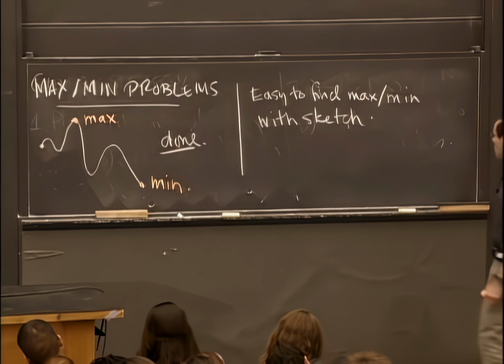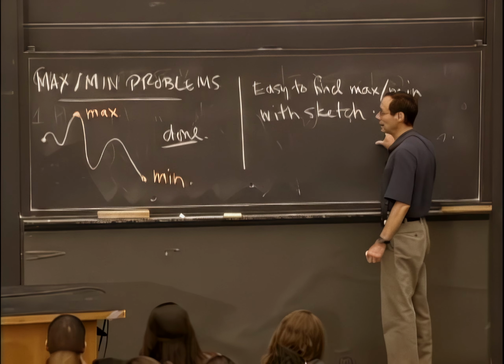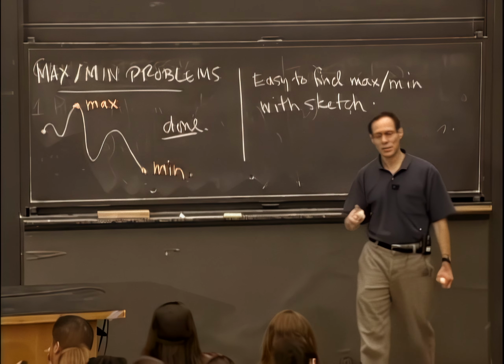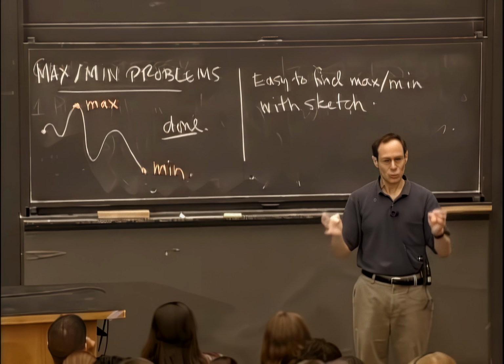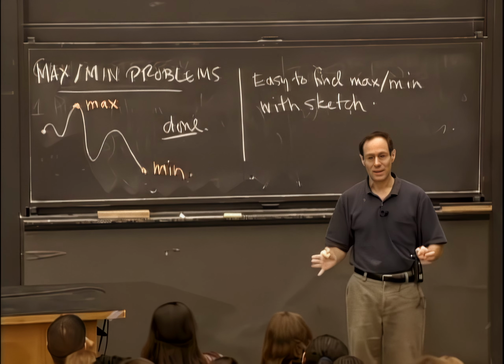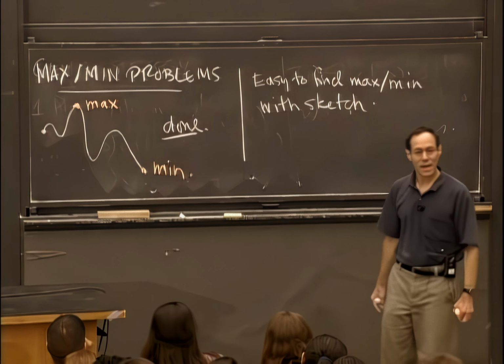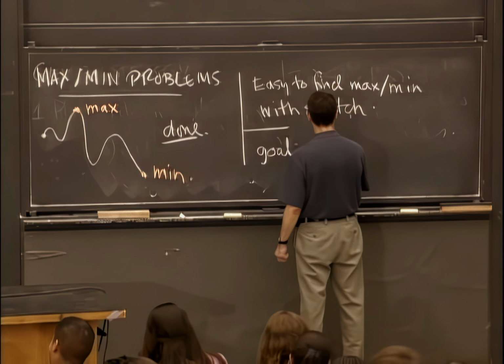It's very easy. The problem is that the sketch is a lot of work. We just spent 20 minutes sketching something. We would not like to spend all that time every single time we want to find a maximum or minimum. So our goal is to use shortcuts.